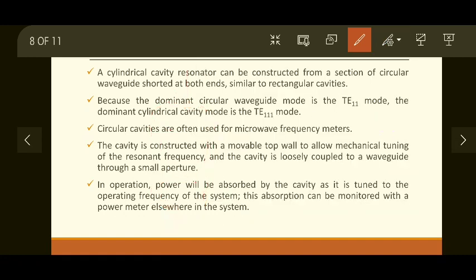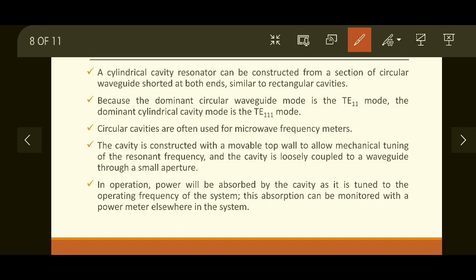Now close them. It is constructed from a section of circular waveguide shorted at both ends, top and bottom, similar to rectangular waveguides. Because the dominant circular waveguide mode is TE11, the dominant cylindrical cavity mode is TE111, similar to rectangular. Circular cavities are often used for microwave frequency meters. These resonators can be used in different microwave applications, such as VCOs, that is voltage controlled oscillators, CROs, cathode ray oscilloscopes, and frequency meters.